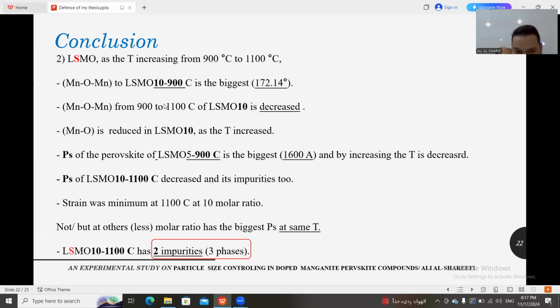Particle size at 10 molar ratio with the maximum temperature is decreased, and its impurity too when increasing the temperature. That means not always by increasing the temperature can I reach a better structure. Strain was minimum at 1100 Celsius at 10 molar ratio. It's good news, but the other lower molar ratios have the biggest particle size at the same temperature.